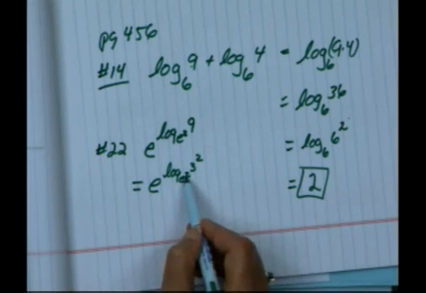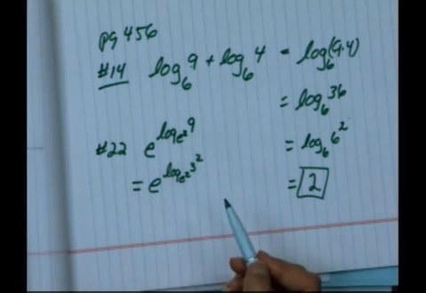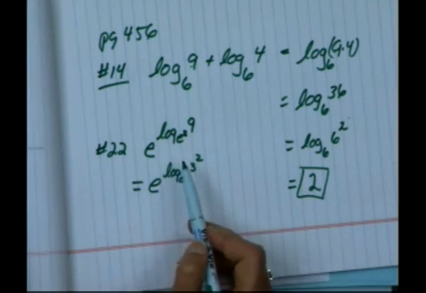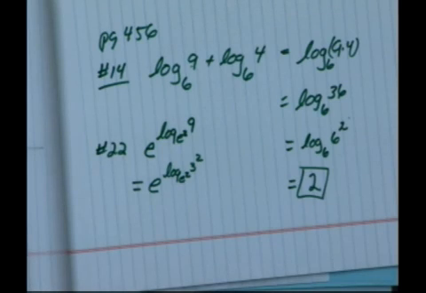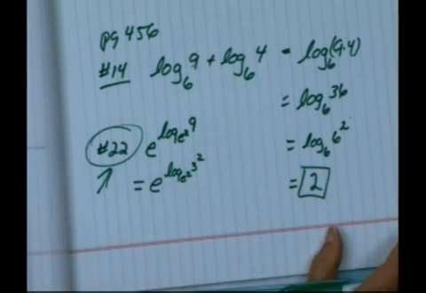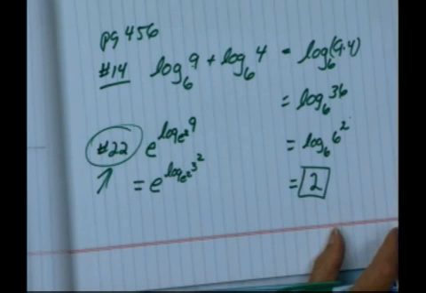And because this e squared here is bothering me, I'm not quite sure what he has in mind. Am I reading it right? I'll look that one up and figure out what he's doing. I'll talk about that tomorrow.